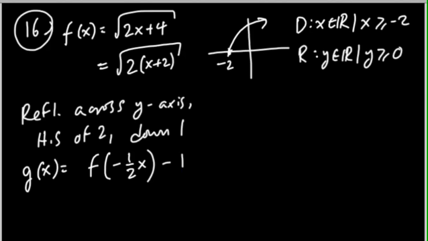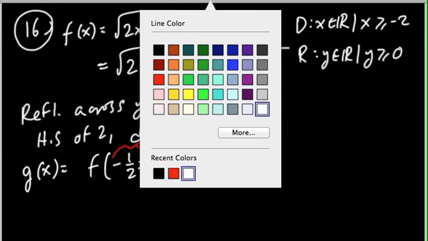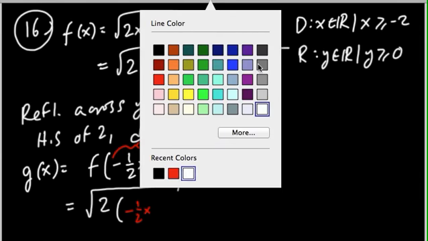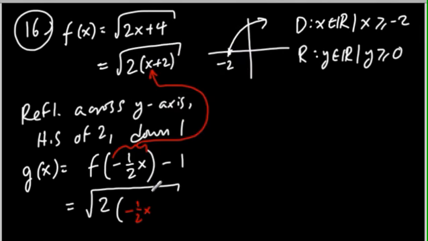So remember, now what we're doing is we're taking this argument here, and we're plugging it right into just that x over there. Okay? So what that'll equal is the square root of 2 times negative half x, right? So that just replaces that x there.